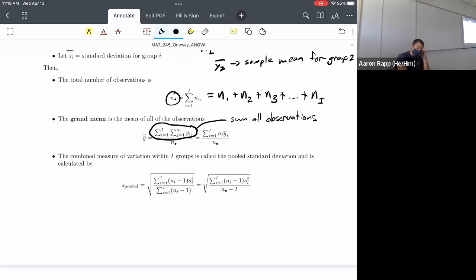Now, there's another way you can go about doing it, which is where you have that second equal sign right there. It's saying that if I went through and calculated the mean for each of my groups already, all I have to do is multiply each of those means by the sample size and add them all together. So it'd be n1 times y bar 1 plus the sample size times the sample mean for that second group.